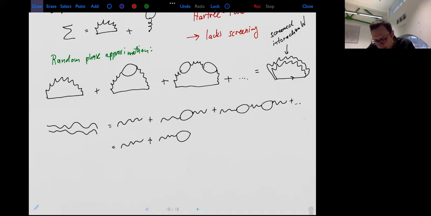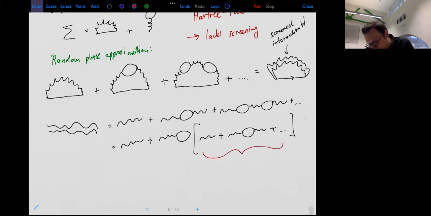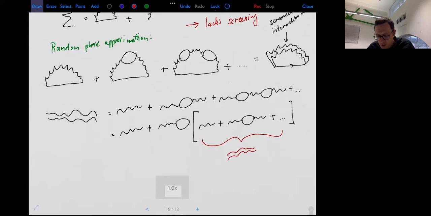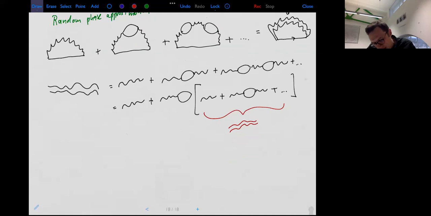We can separate out this left part of the diagram and put the rest into this bracket. What we'll note, of course, is that the stuff in the bracket is nothing but the screened interaction again. So what we get is again an equation that is very similar to the Dyson equation for the Green's function.